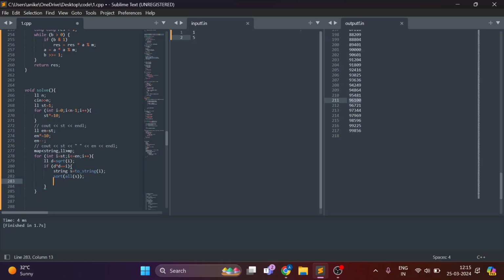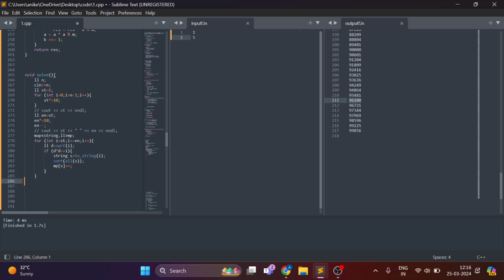When you sort the string, it basically becomes a multiset, because all the 0s are at the start, followed by the other digits. If both strings are matching, that means both are using an equal number of each digit, and then I will just map it in our map.